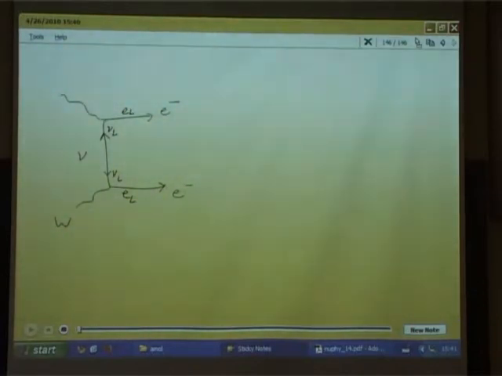Which basically means ν_L going in this direction is equivalent to ν_L going like this, and ν_L conjugate going like this, and e_L conjugate.